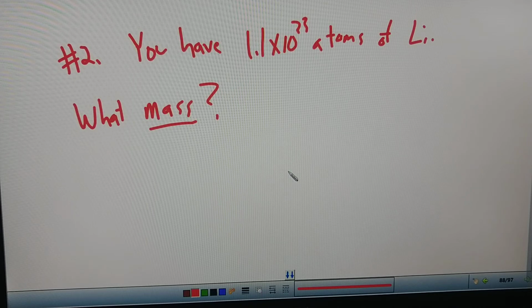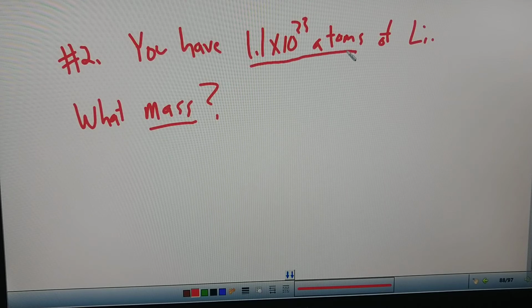How much would that weigh on your scale? How many grams would that be? This is a two-step problem. I'm going to go ahead and tell you, you have to convert atoms to moles and then convert the number of moles to mass. Go.